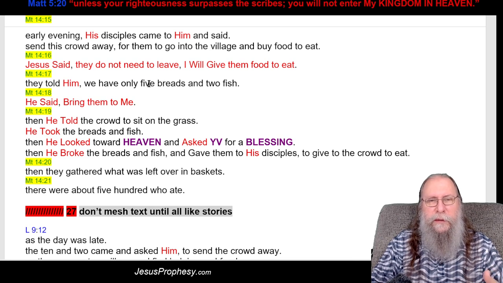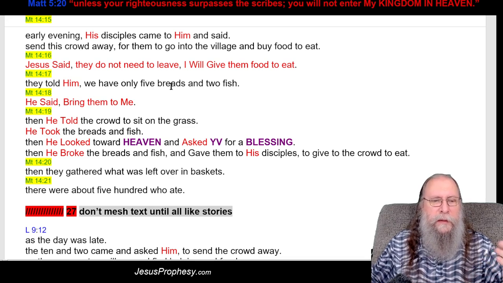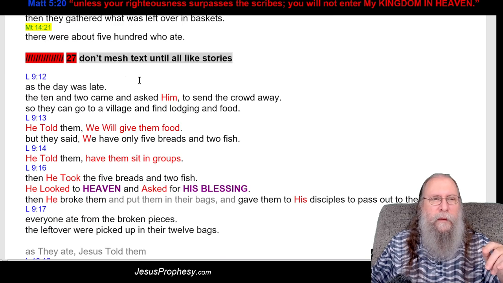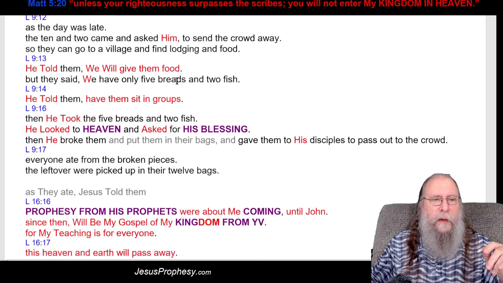Now, the thing here is I know this is where the book is going to vary from our Creator's Everlasting Promises, that I think I only have them as one story. Okay, this one.